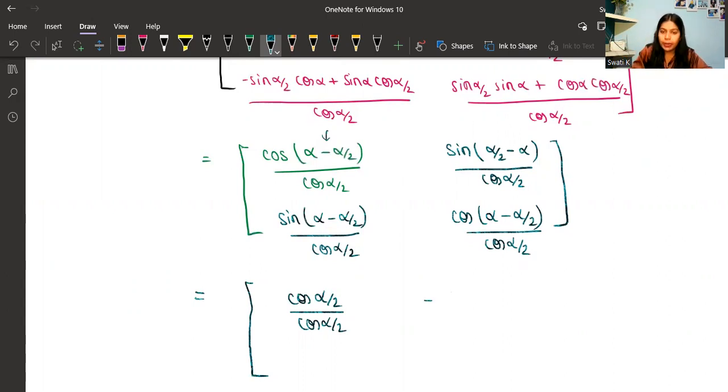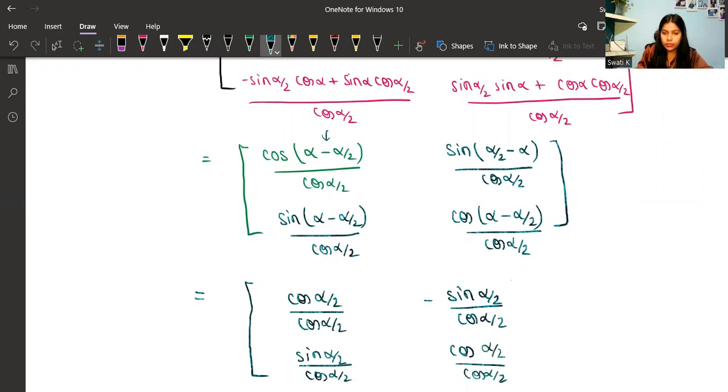So this will become minus sin alpha by 2 upon cos alpha by 2. This will become sin of 2 alpha minus alpha, that is alpha by 2 only, upon cos alpha by 2 as it is. And this will become cos of, if you take LCM, 2 alpha minus alpha, that is alpha by 2, upon cos alpha by 2.